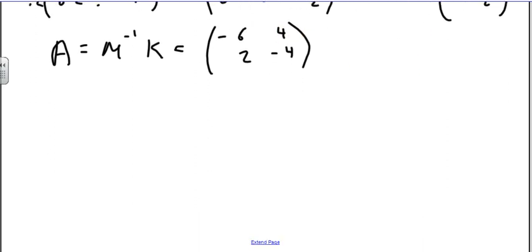And with my A, I can find eigenvalues. So I want the determinant of A minus lambda I and I want to make it equal to 0.